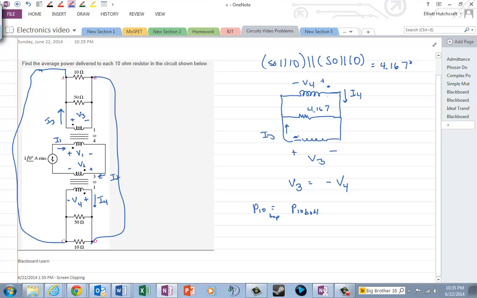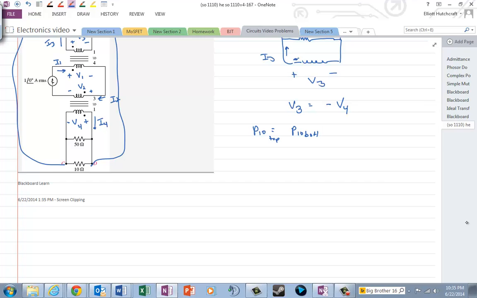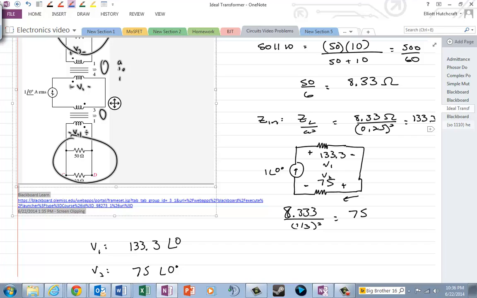And so the next thing we can take is that 1 amp current source, and we know that I1 and I2 are both 1 angle 0. Well, straight away that tells us what I3 and I4 are, right? Same thing we did over here.